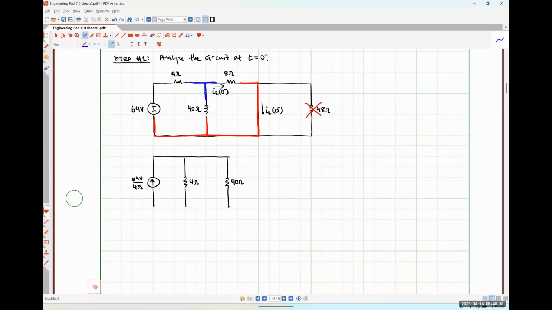The 8 ohm resistor, because of that short circuit, is very obviously, I hope, in parallel with the 40 ohm resistor. So I'm just going to draw it as if it was in parallel as well.